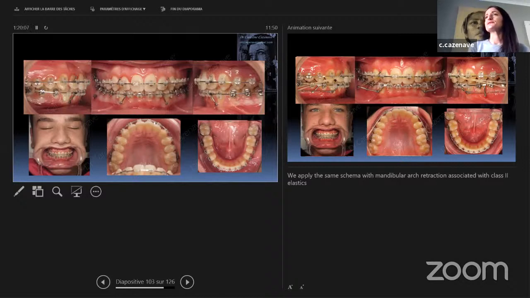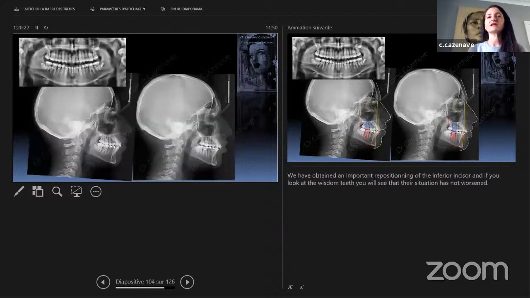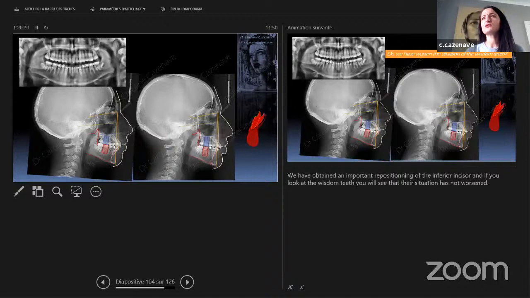And the retraction is associated with class 2 elastics. So we have obtained an important repositioning of the inferior incisor. And if you look at the wisdom teeth, you will see that their situation has not worsened.